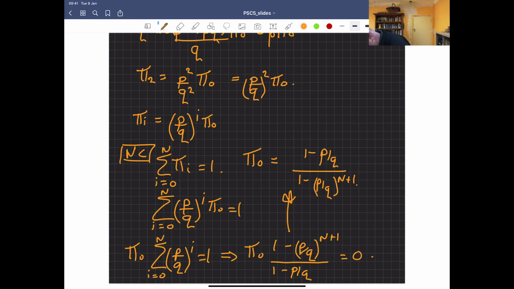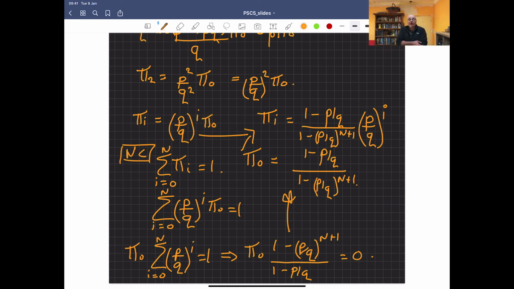So by putting these together, we can get that pi I equals 1 minus p on q over 1 minus p on q to the n plus 1 times p over q to the I.